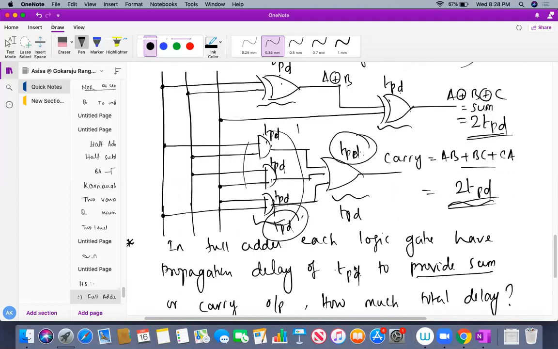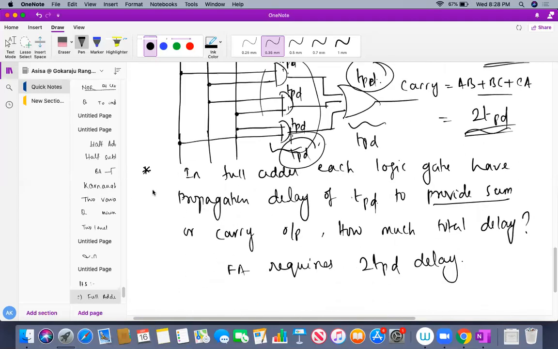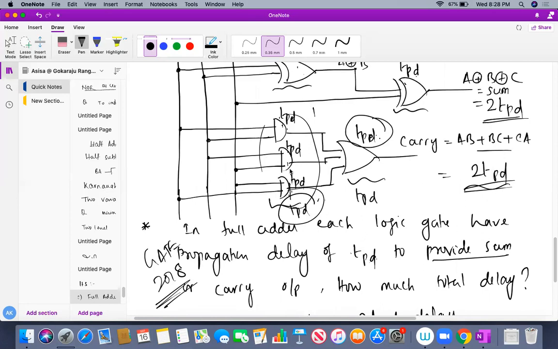Do you all understand? This question came in the GATE exam 2018. Very important, students, please try to understand. Everybody will make a mistake: they will see 3 gates and write 3 TPD plus TPD, 4 TPD. That is wrong.